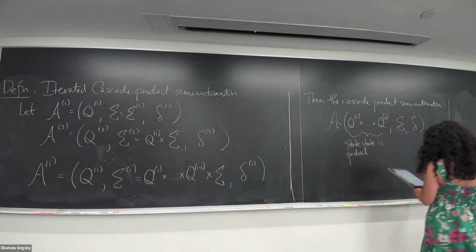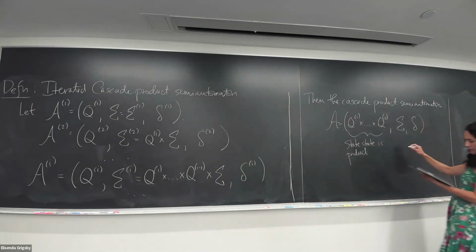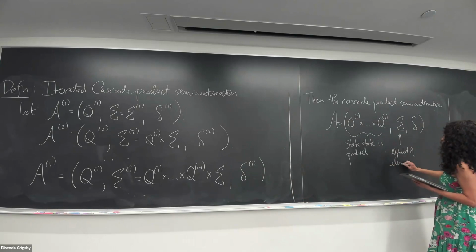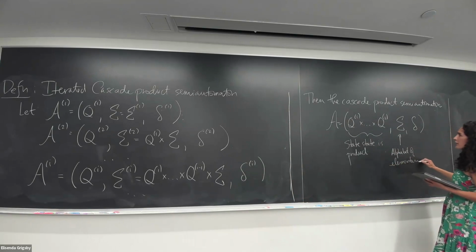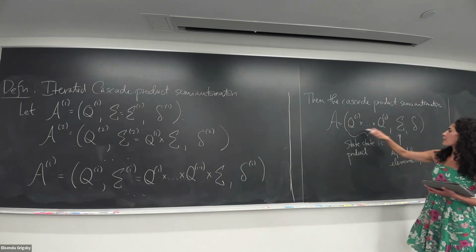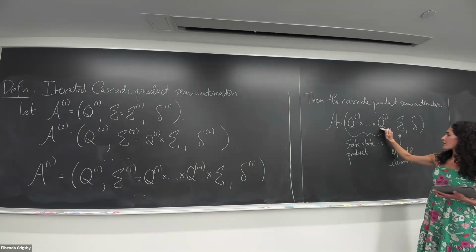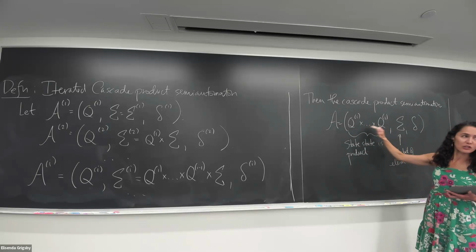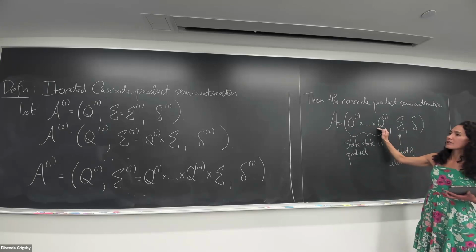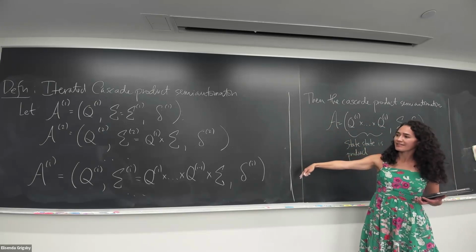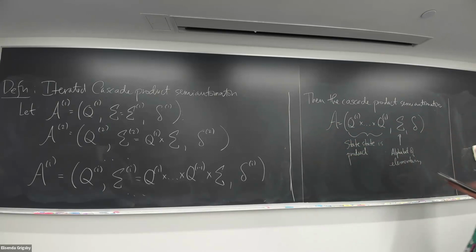So I think somehow what they're learning is, from a decomposition which looks something like a product, they are able to define these structures of the cascade.